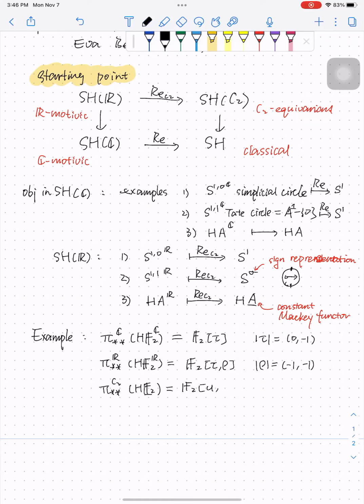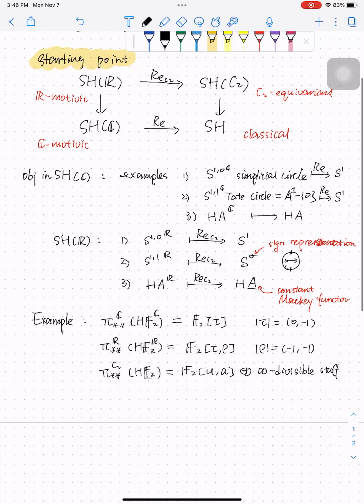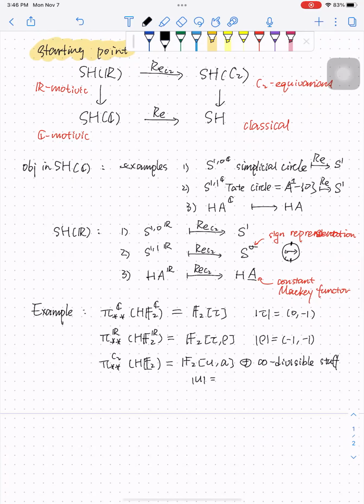It's, well, additively a polynomial algebra plus something that is infinitely divisible. And here, the degree for U is 0, -1. The degree for A is -1, -1.